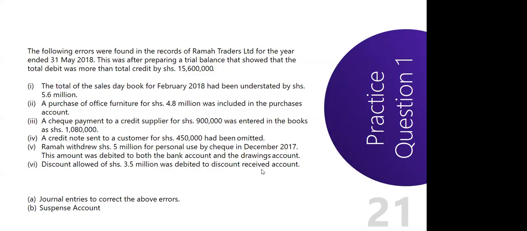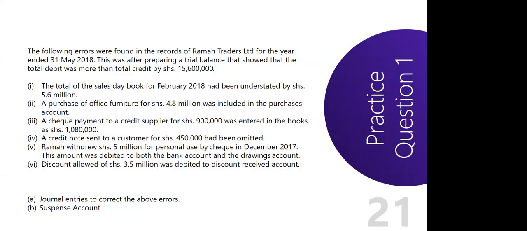There is a drawings account that we prepare in our ledger account. But also remember, I told you, what do you have in your normal debit balance? You have assets, you have expenses, you have drawings. So when you make drawings, you debit your drawings account, because you've increased your drawings by taking money, maybe from the bank, from cash.